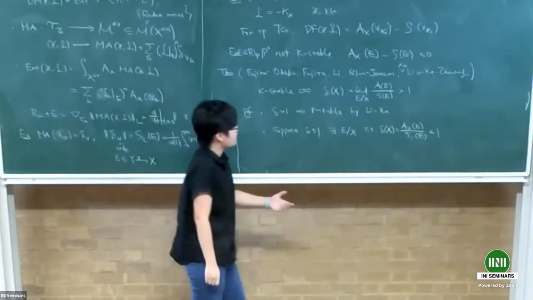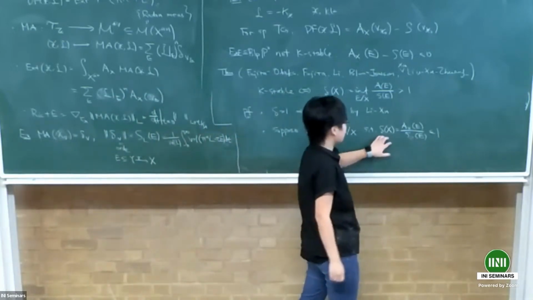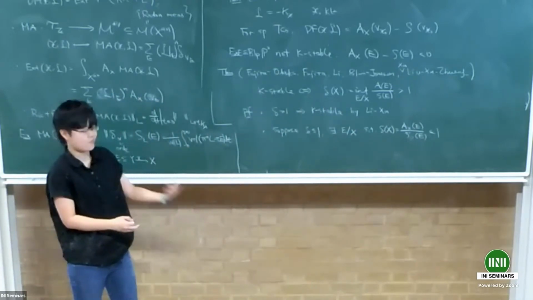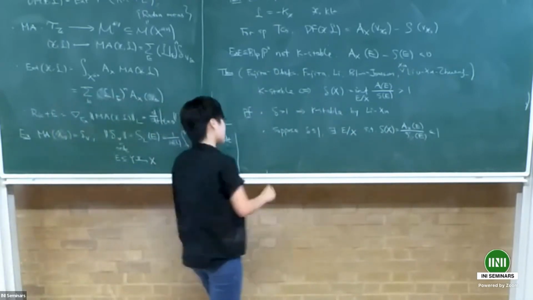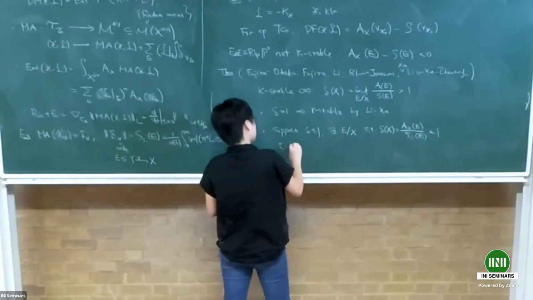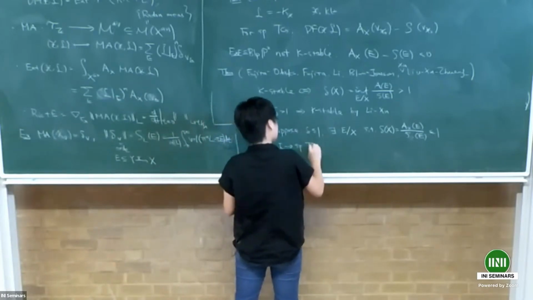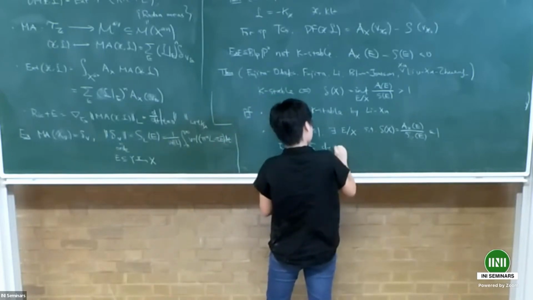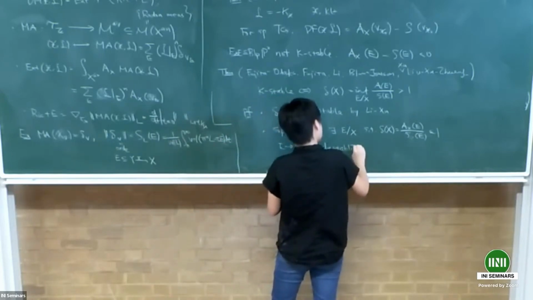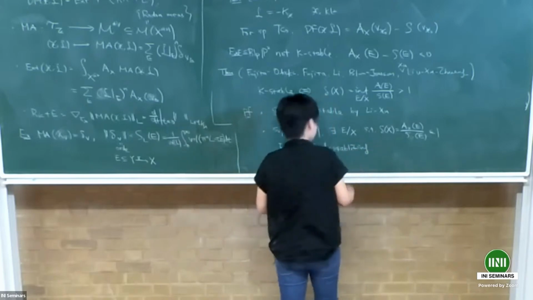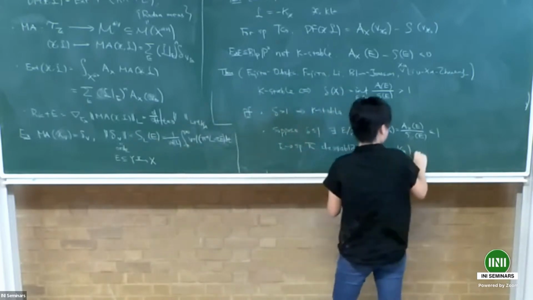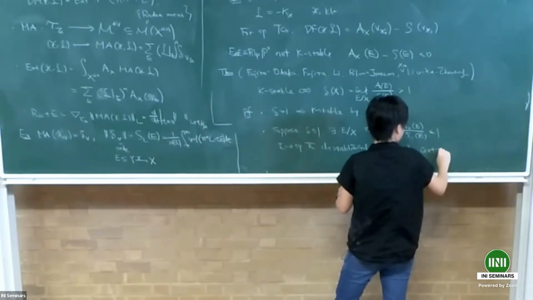And further, for valuations computing this delta, this finite generation result actually tells you that it's finitely generated. So it does induce a special test configuration destabilizing the original pair. And that's a contradiction.